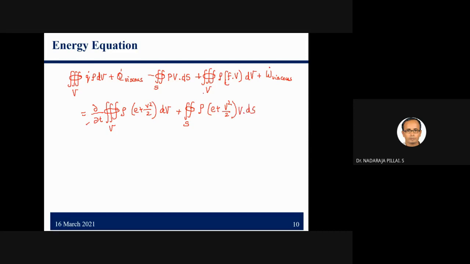So this is the total energy equation, right? So you can write this equation.